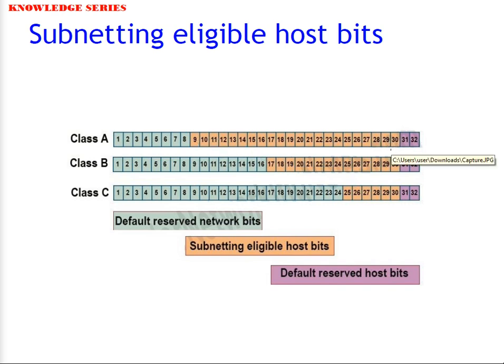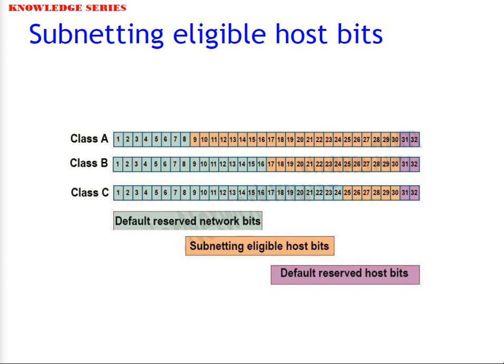That means 22 bits are eligible for subnetting in class A. Class B, out of the 16, 14 bits are eligible for subnetting, 2 bits are default reserved for the host. And in class C, out of 8 bits, 2 bits are kept reserved for the host, and the subnetting is done for the remaining bits.